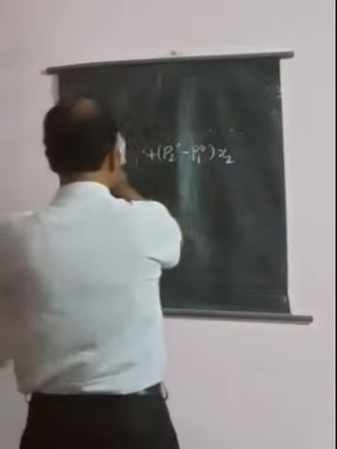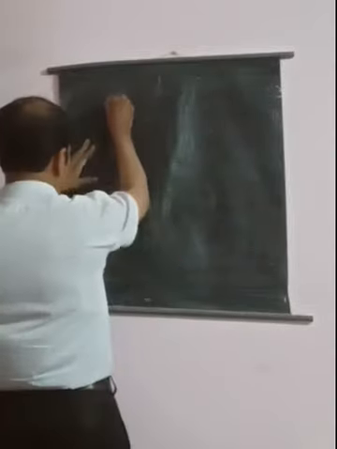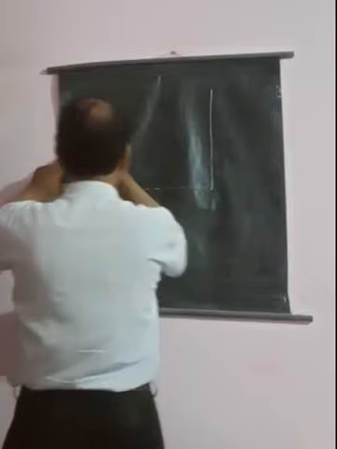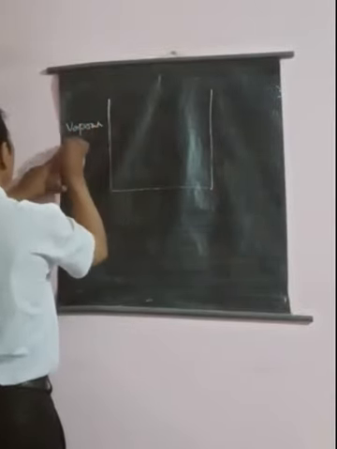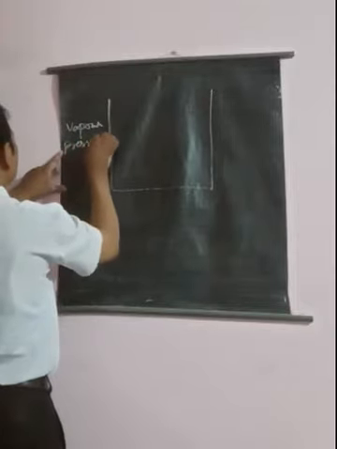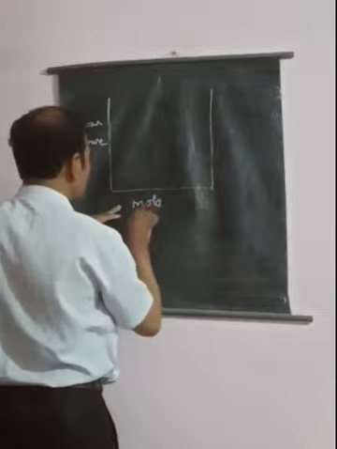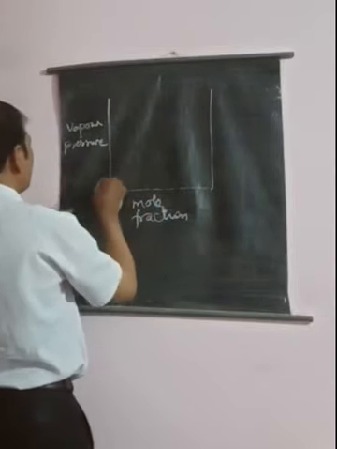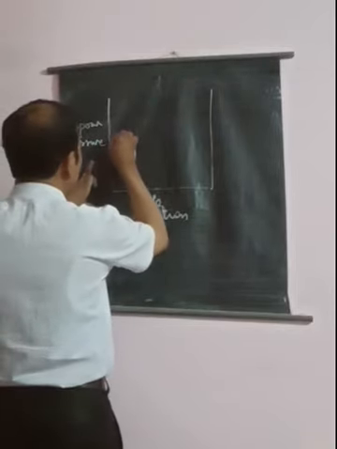So we will see the graph. On this side we can take vapor pressure, and here we can take mole fraction. On plotting, we get this type of graph.